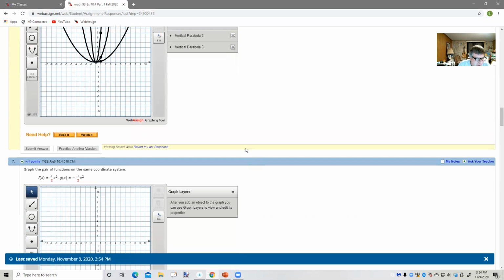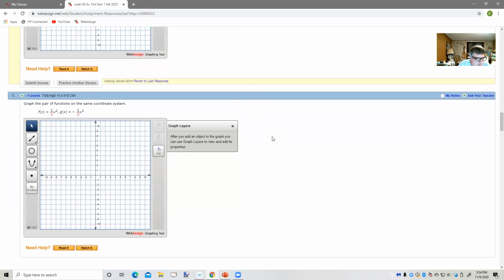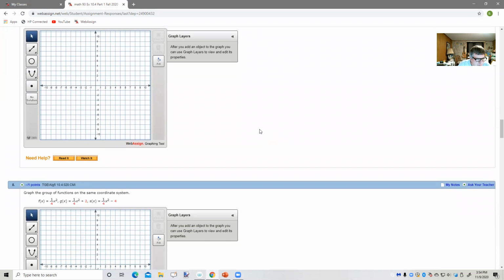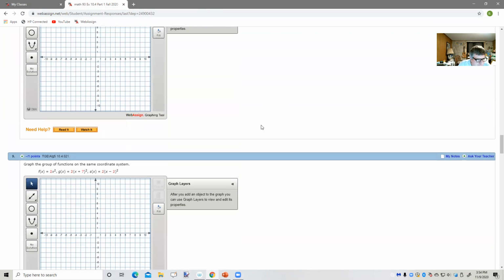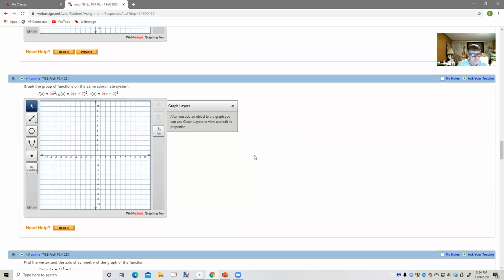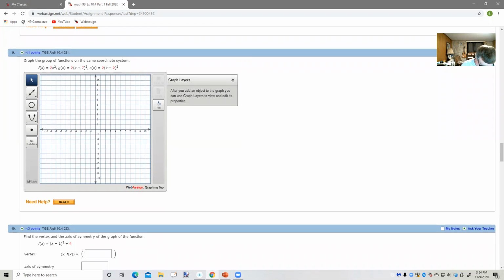Okay. Let's see here. I want to do this one. Okay. Here we're supposed to graph f of x equals 2x squared.